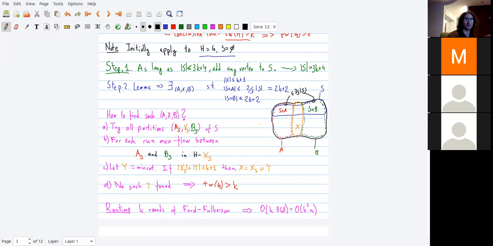However, how do we find such a thing? Because we need to do it algorithmically. There is a kind of cunning way to do it. So let me redraw this situation. What the algorithm now sees is just the subgraph H together with the set S.